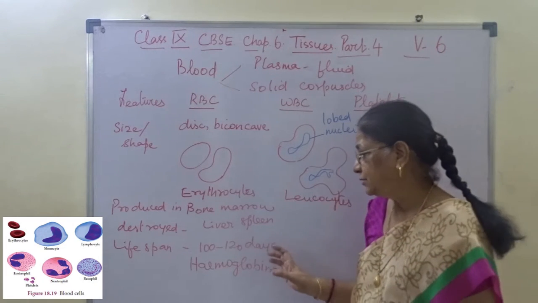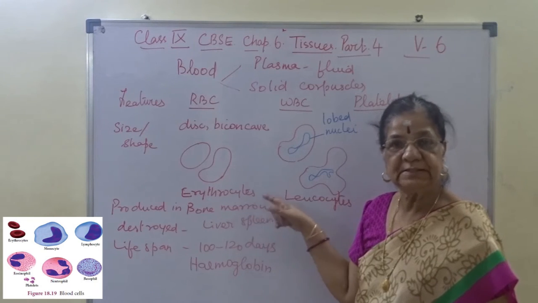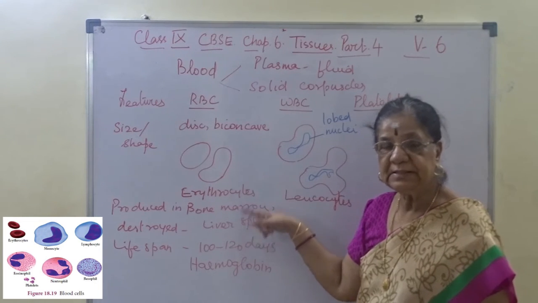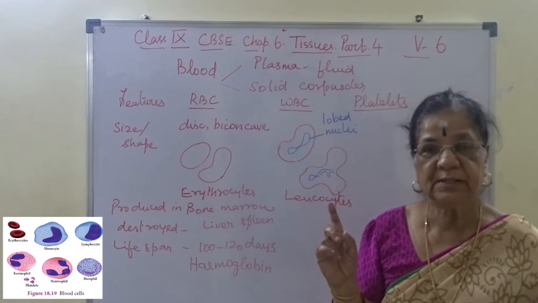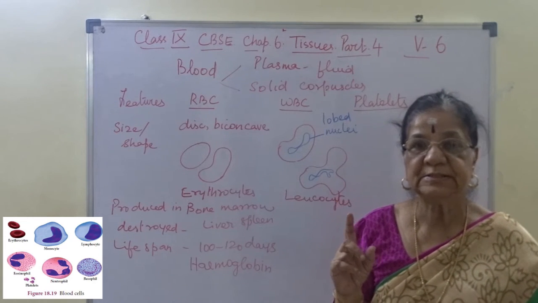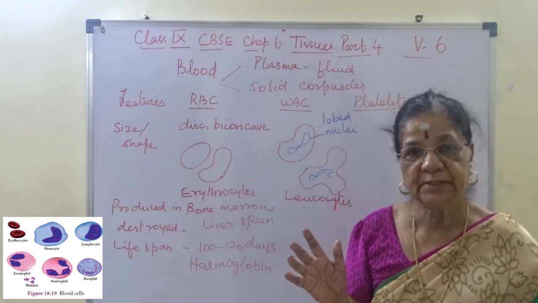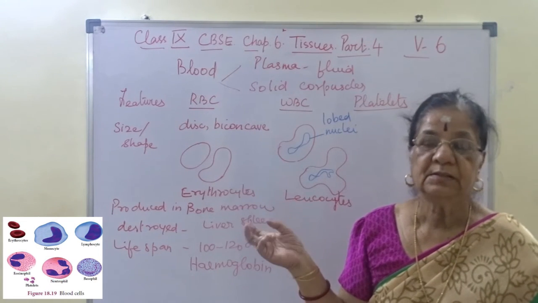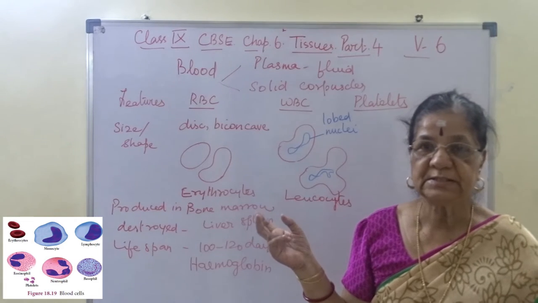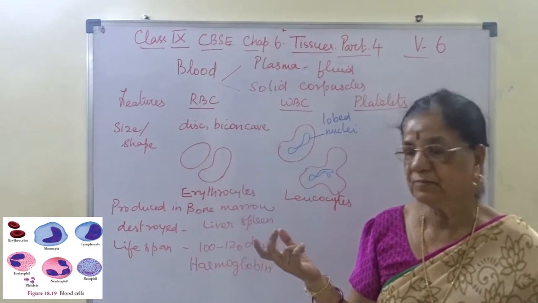In the liver, the destroyed RBC forms bile pigments for the digestive system, that is bilirubin and biliverdin.